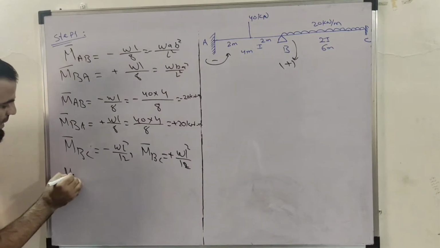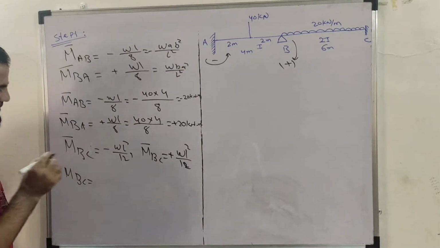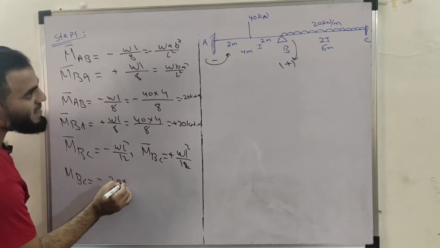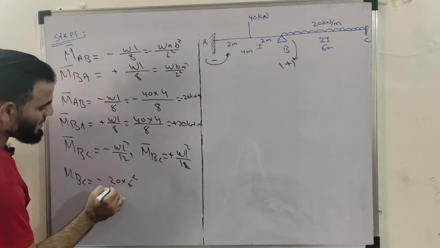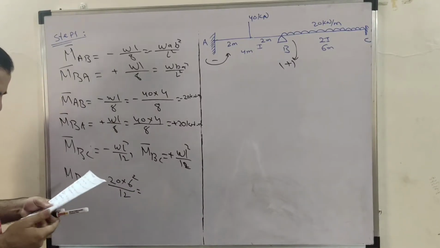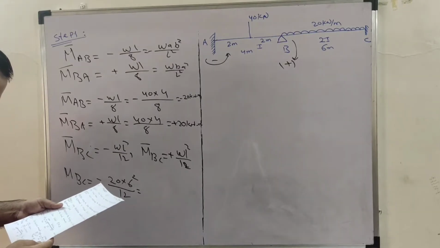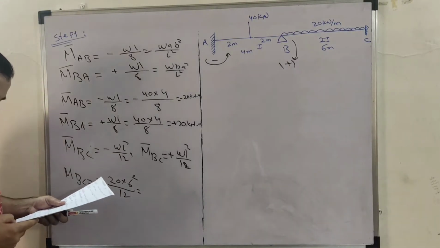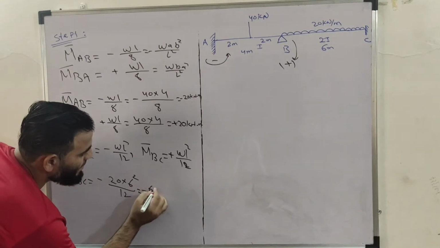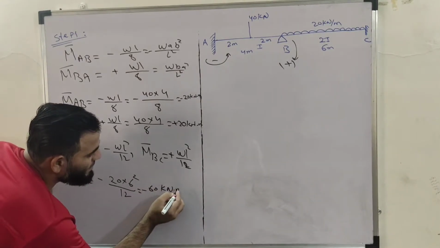Now moment BC fixed is equal to minus 20 into 6 meter square divided by 12, which is minus 60 kilonewton meter.